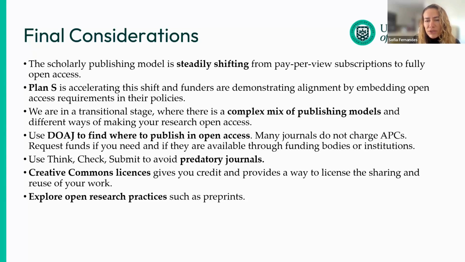We are in a transitional stage where there is a complex mix of publishing models and different ways of making your research open access. Use DOAJ to find where to publish in open access. Many journals do not charge APCs, and there are funds available if you are being funded or if the university has institutional funds.